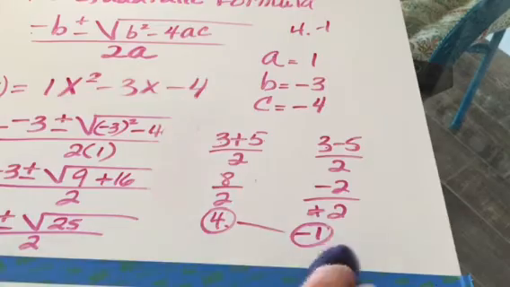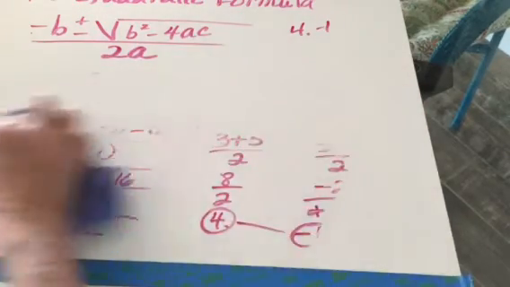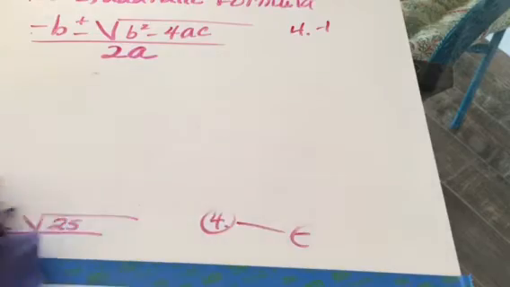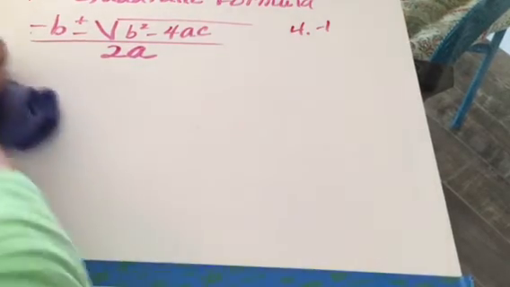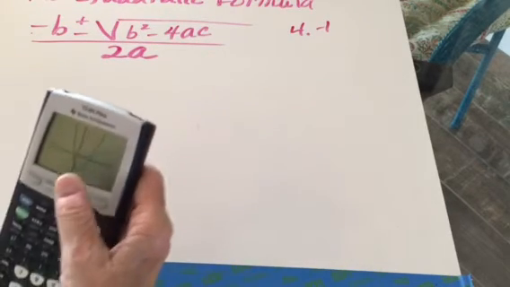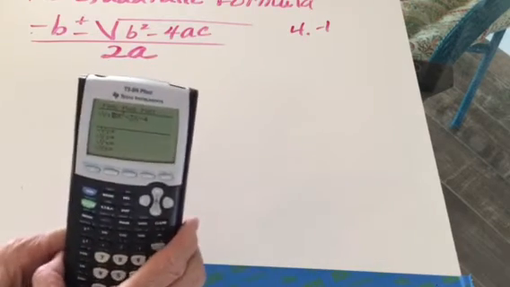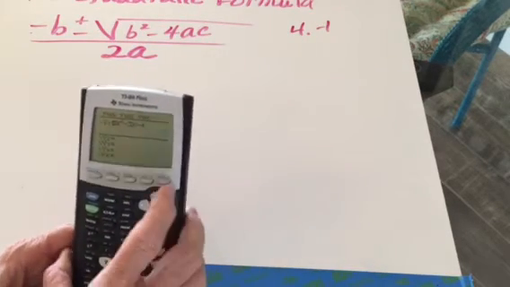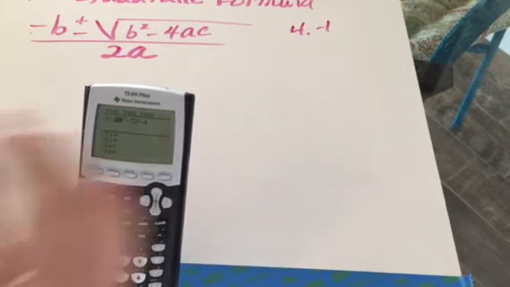Okay. Those numbers represent where this quadratic equation is going through the x-axis. Let me see if I can show you. I'm going to turn on this. I've already written in my formula in my y equals.